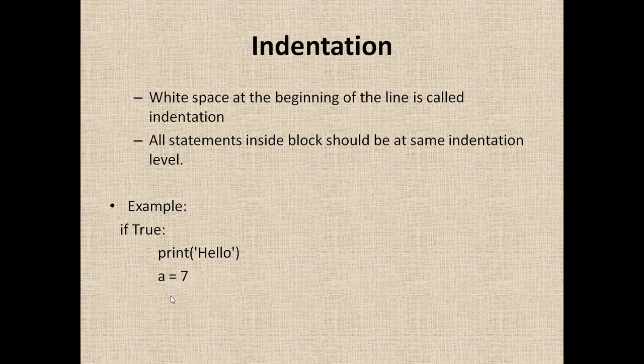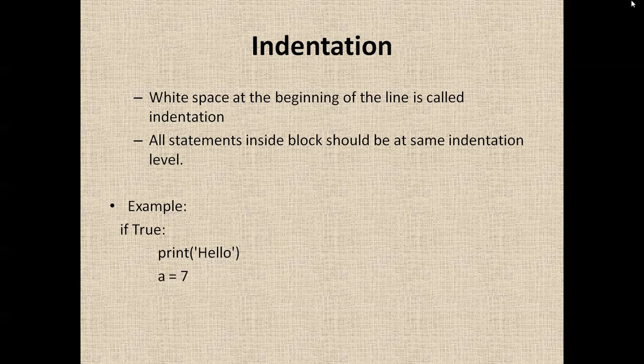As these two statements are given within the if block, we need to check the white spaces. All the statements inside the if block should contain the same white spaces. Because of this, print and a, both of them, are at the same indentation level.